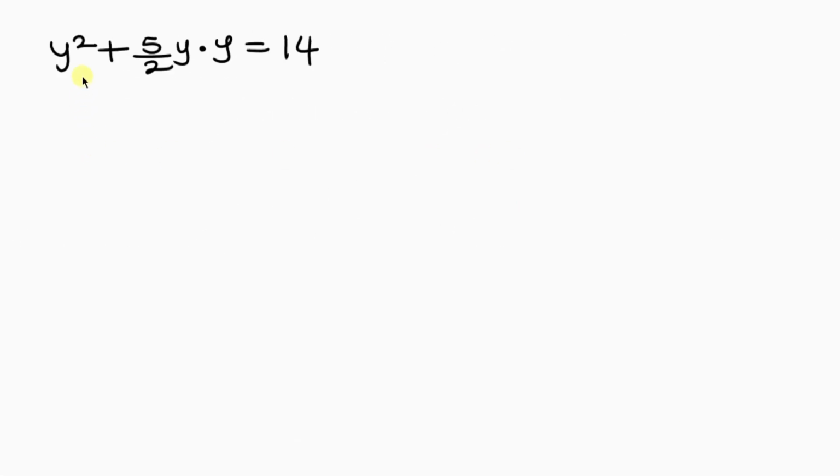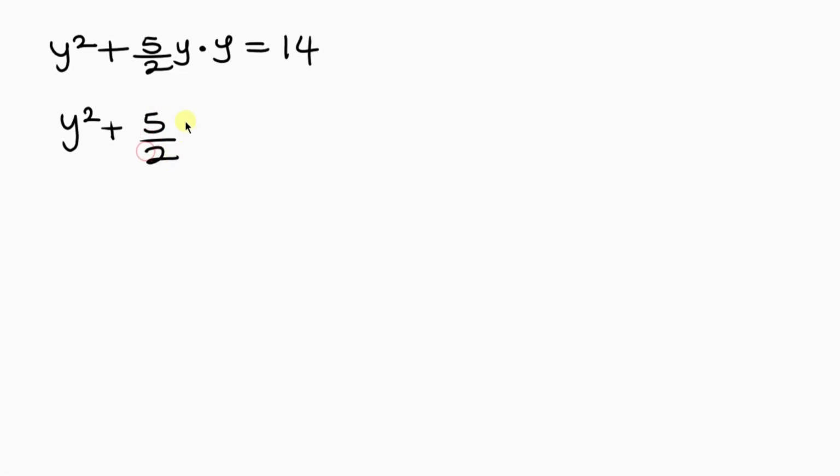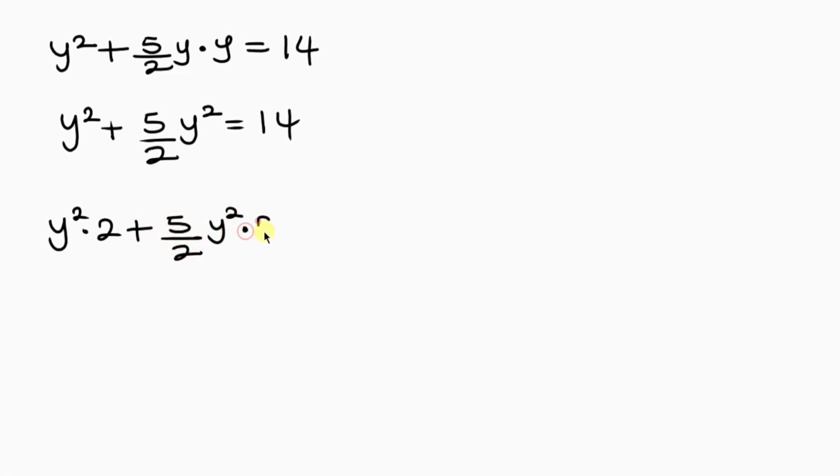And now simplifying further, we have y squared plus 5 over 2 y times y gives 5 over 2 y squared, and this is equal to 14. Now in order to clear the fraction, I'll multiply through by 2, so this is y squared times 2 plus 5 over 2 y squared times 2 equal to 14 times 2.